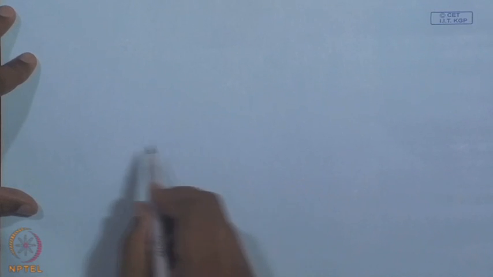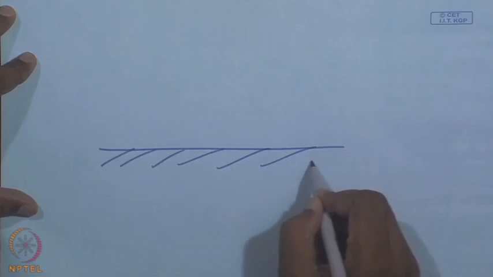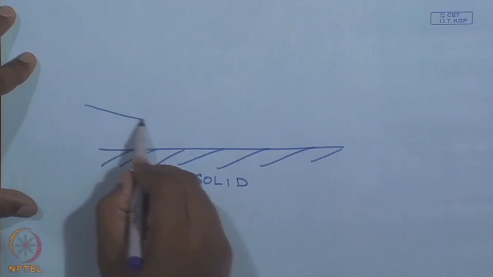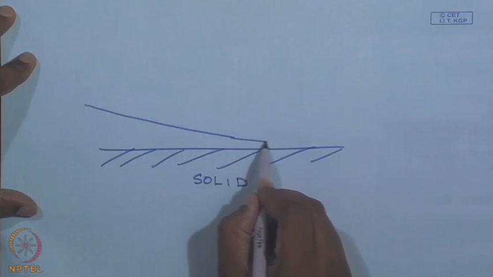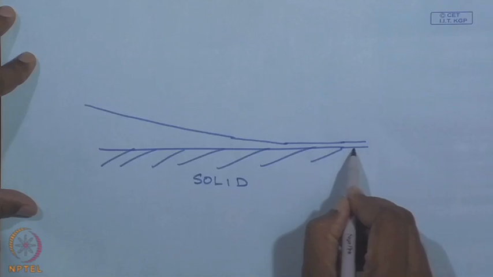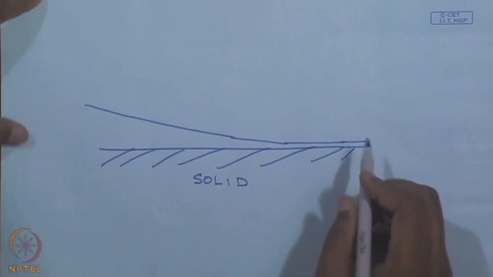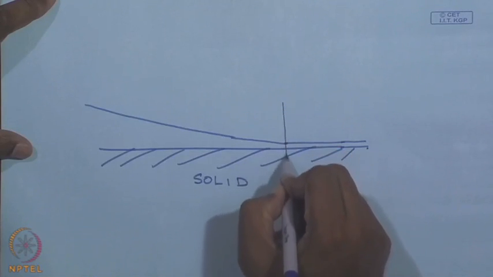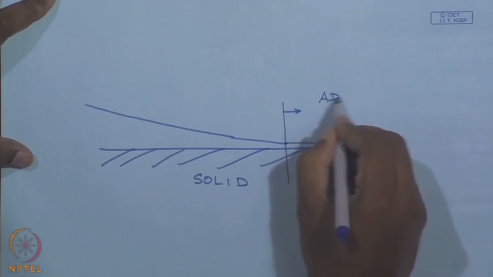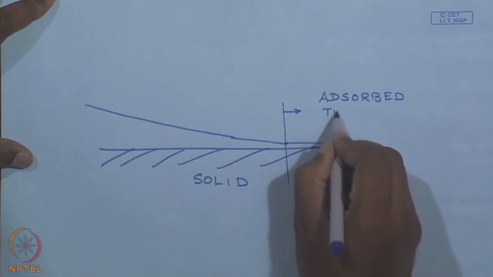Let us say this is the solid, and I have a film which extends and then forms a stable wetting film. This region of the film is called the adsorbed thin film.